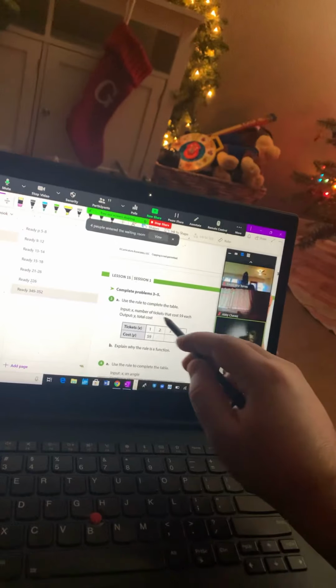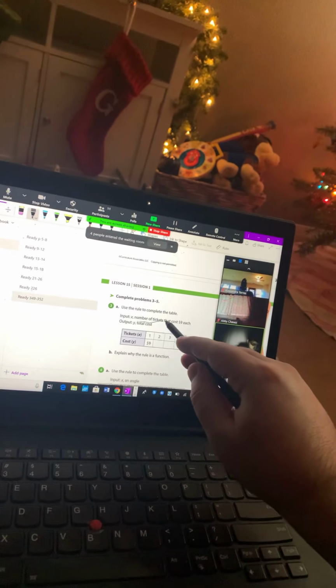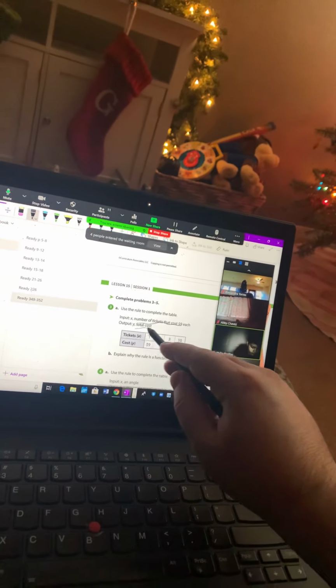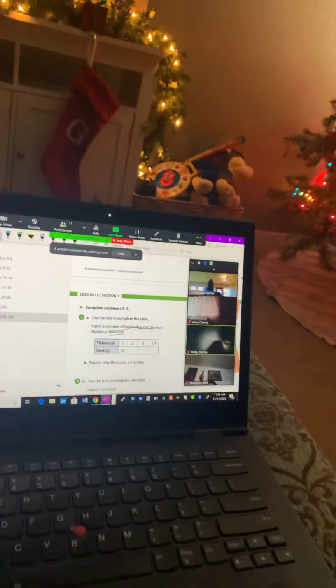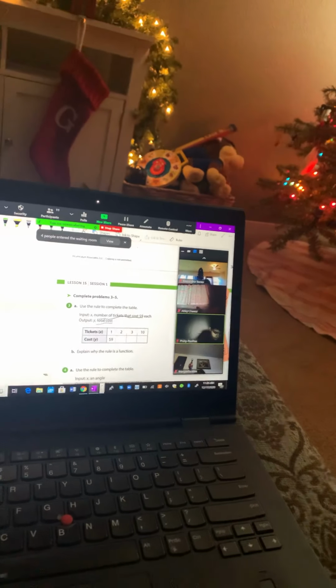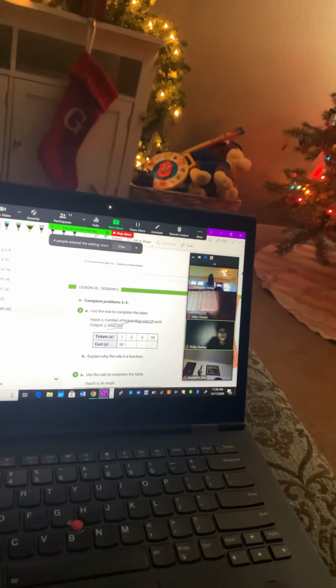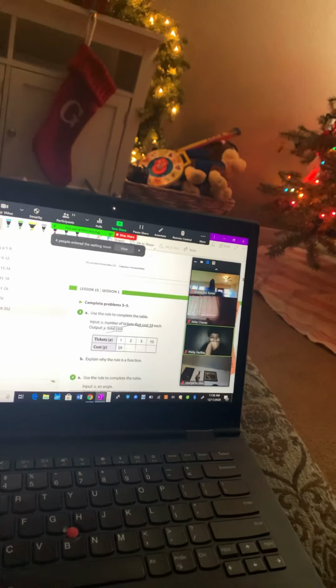So we're looking at the number of tickets that cost $9, and then the output is the total cost, right? We're able to read exactly what the table is showing us.